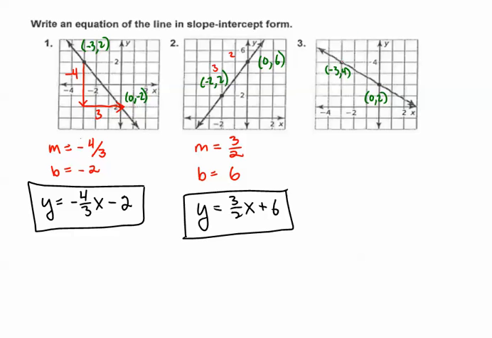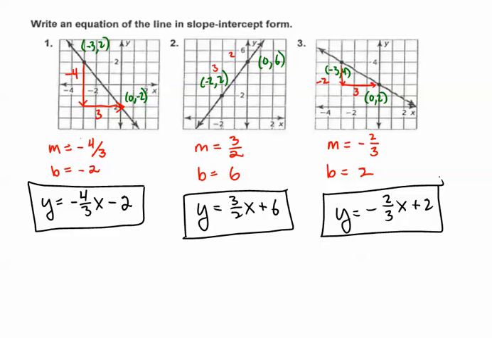Moving from left to right, we're going to go down 2, right 3, and so we have -2/3, and our slope is m is equal to -2/3. Our y-intercept is 2. Putting the pieces together, we get y is equal to -2/3x plus 2, and that does it for those 3 examples.